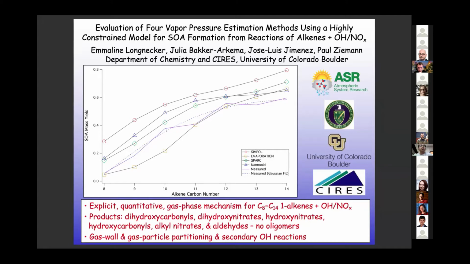They then studied the experimental SOA yield, which is the dashed line with the x's, and how different vapor pressure estimation methods can simulate that growth. You see that neither of the vapor pressure estimation methods capture the trend very well, but some do better than others. In particular, SPARC and EVAPORATION at the high carbon numbers do better, and SIMPOL systematically overestimates the yield.